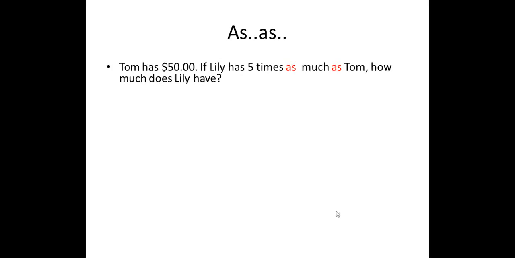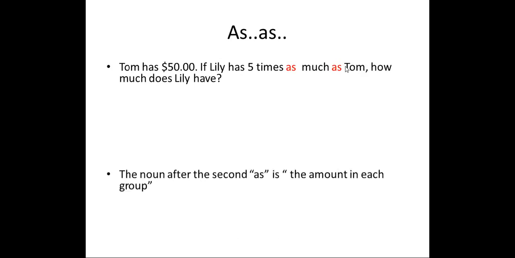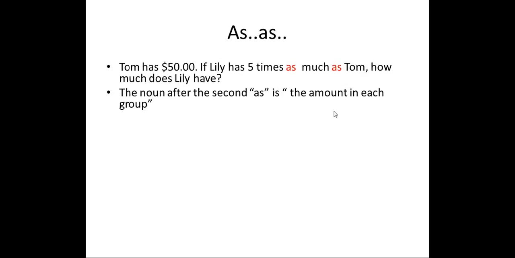Look at this one here. Tom has $50. If Lily has 5 times as much as Tom, how much does Lily have? Okay, as. So the noun, students, Tom is a name, it's a noun. After the second as, this is the first as, second as, after the second as is Tom. So the amount of money that Tom has is the amount in each group.